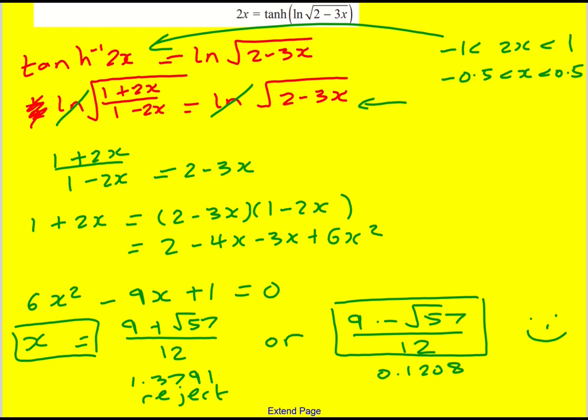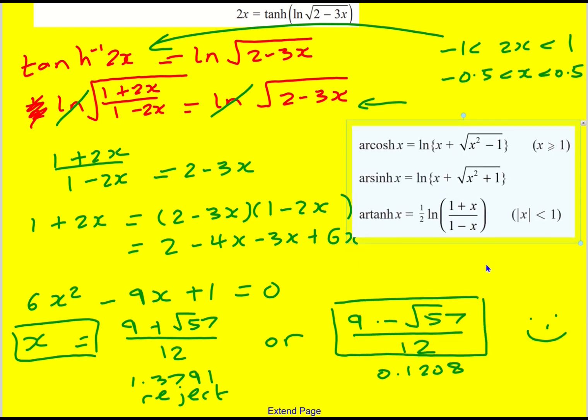Well done. I've just realized one other thing I want to briefly talk about. If we were ever solving, say, inverse sine hyperbolic y equal to x for some number x, you could take inverse sine and you'd get y equals this, but you'd have to bring back in a minus.